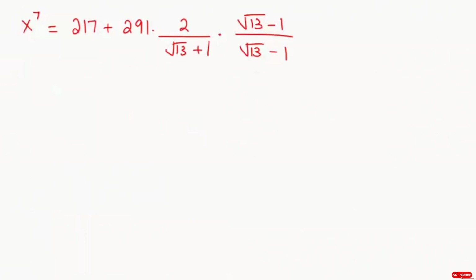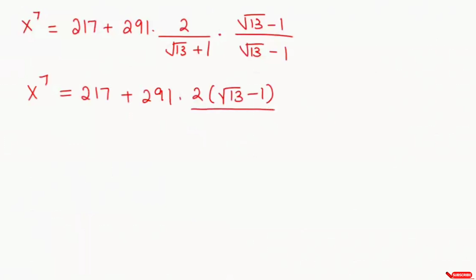I'm going to multiply this, so x to the power of 7 is equals to 217 plus 291, and this 2 I'm going to multiply with this root of 13 minus 1 over, here we have one positive value and one negative.